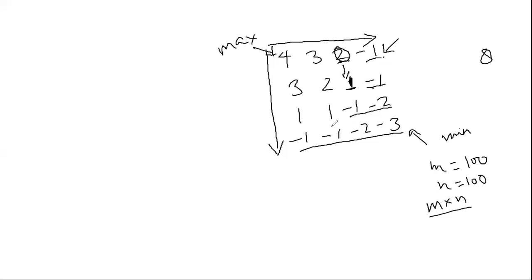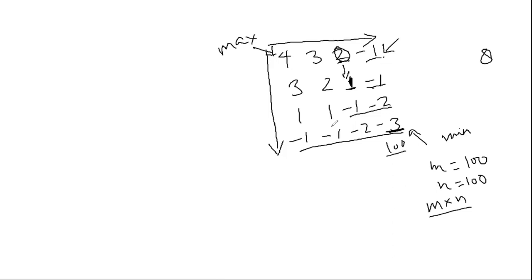It's okay, because m and n are small. Yeah, quite small. You can do that. But a better brute force approach is possible, because in this particular case we are not even looking at whether a number is negative or not. Suppose this was already not negative, it was 100, for example.